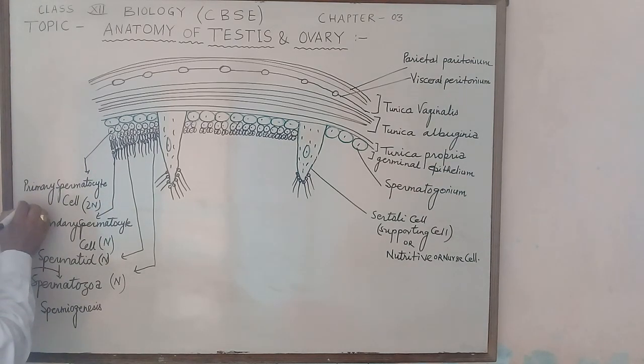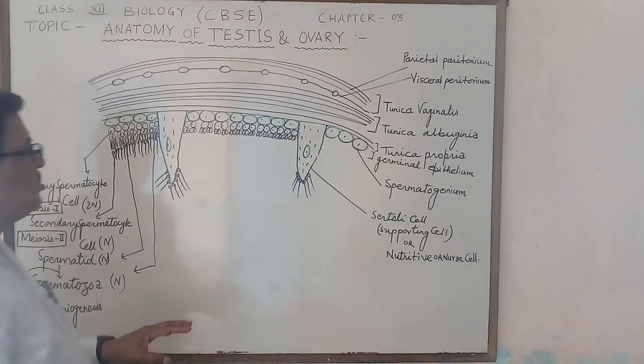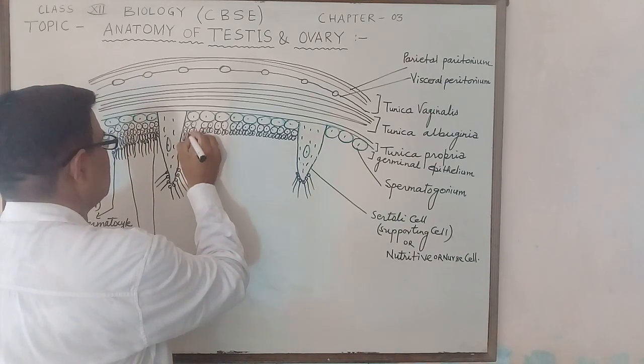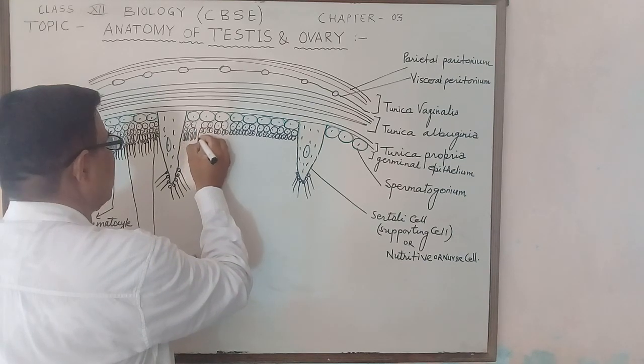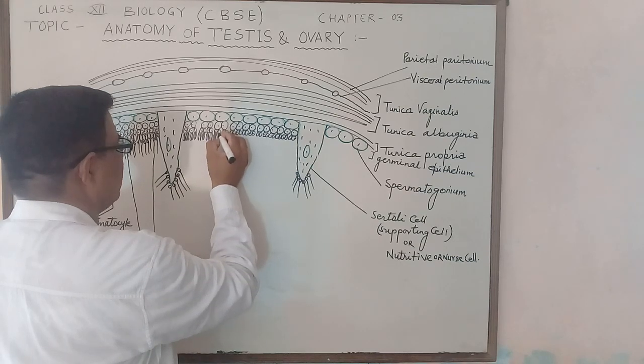The secondary spermatocyte cell, as a result of meiosis second, produces two oval shaped cells called spermatids.